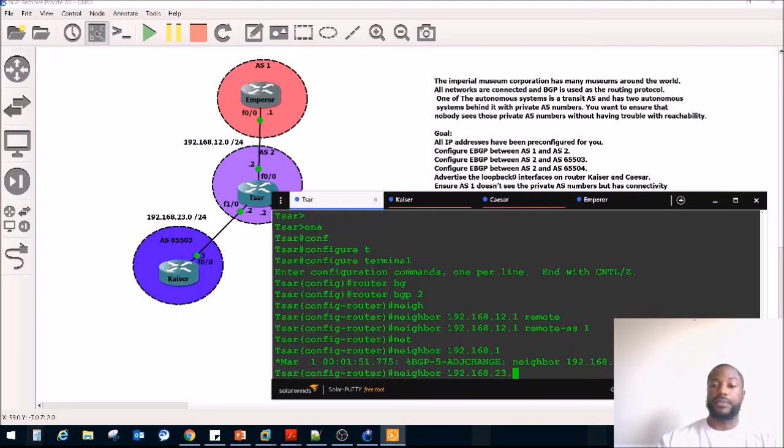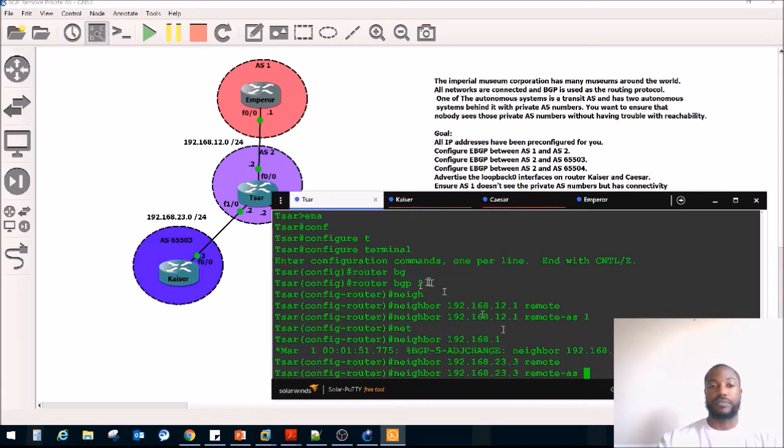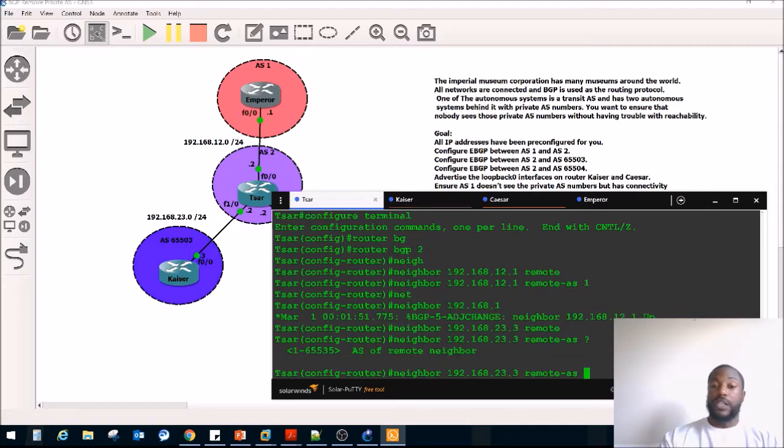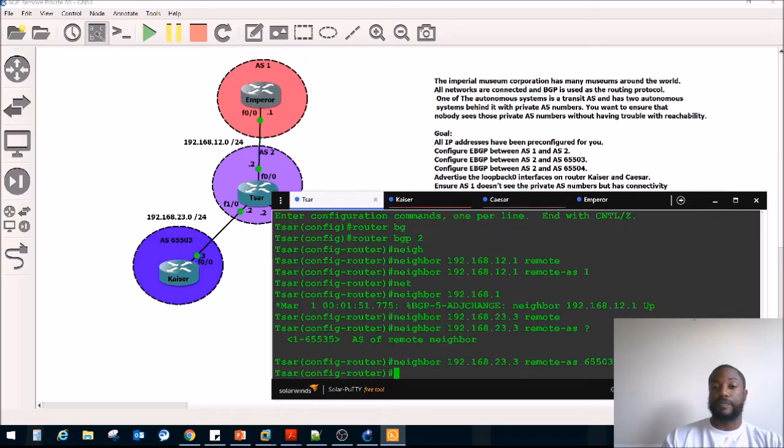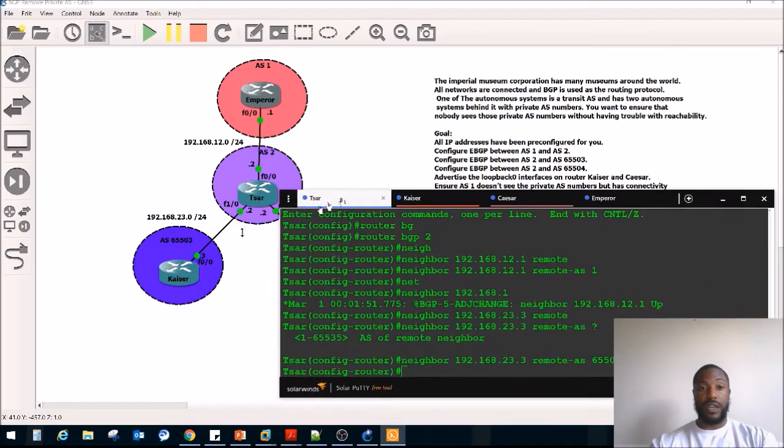The remote AS is this guy right here, 65503. That is a private ASN, right? So we're going to do 503. Hopefully BGP comes up after that, so we're going to do the same thing going the other way.